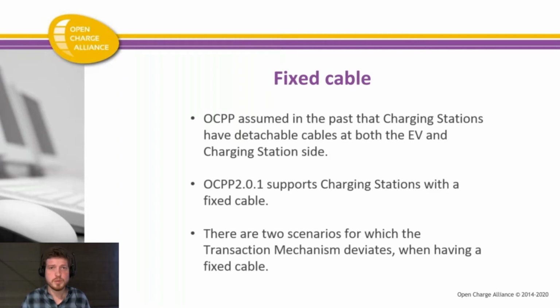And now OCPP 2.0.1 also supports this case. So it clearly describes how to handle the fixed cable. But the reason I want to mention it today is because there are two scenarios where the transaction mechanism is actually different than when you're not having a fixed cable, so if the cable is detachable on both sides.